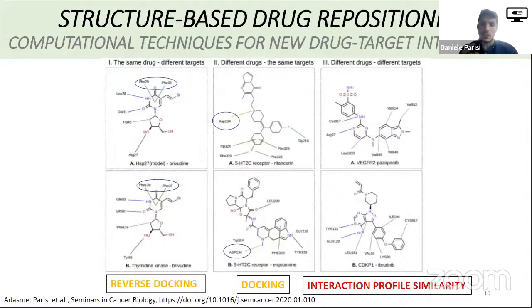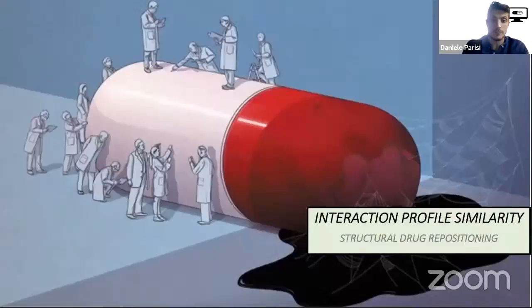In those cases, you can see there are no shared residues or specific chemical moieties among the different entities, but it's the complex interaction profile that can be overlapped and can be similar, and that can give us the suggestion on how to repurpose a drug from one target to another.